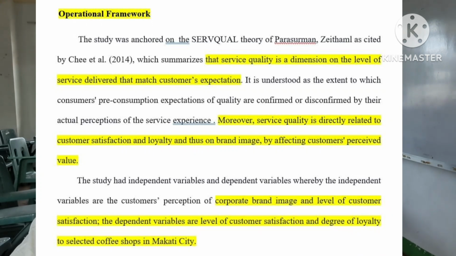The study had independent variables and dependent variables, whereby the independent variables are the customer's perception of corporate brand image, level of customer satisfaction, the dependent variables are level of customer satisfaction, and degree of loyalty to selected coffee shops in Makati City.